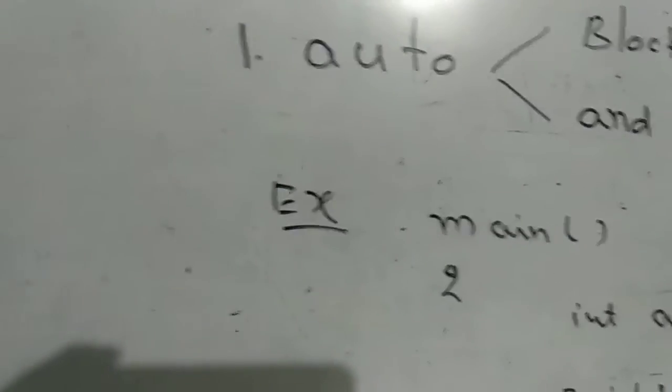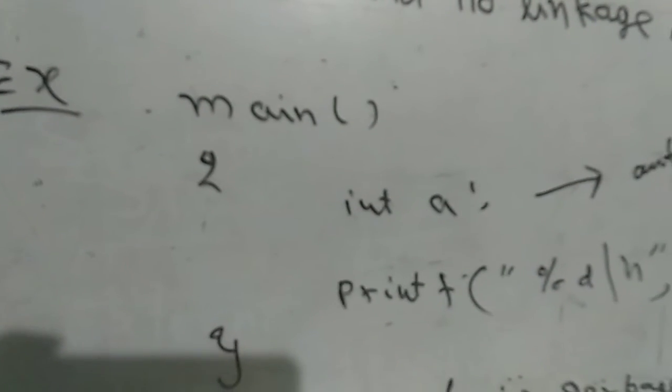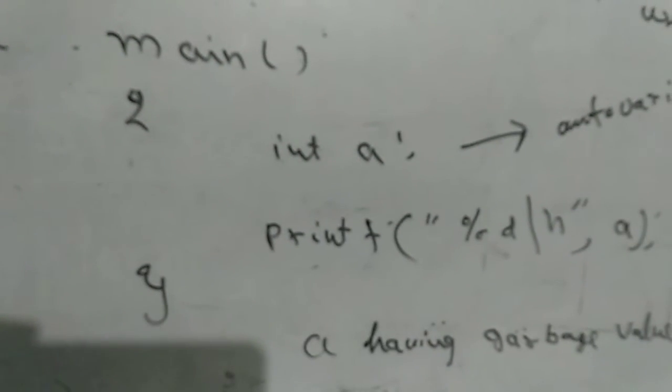For example, inside main, if I write int a and print it with printf %d, a has a garbage value because a is not initialized. If a is not initialized, some garbage value will be stored.